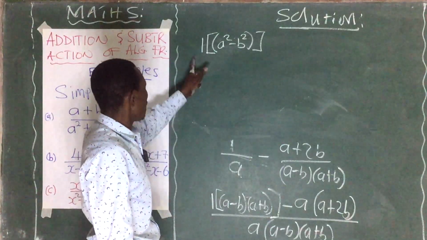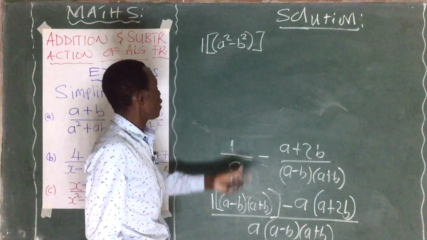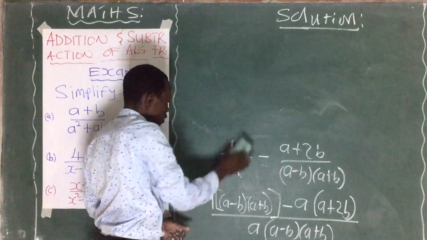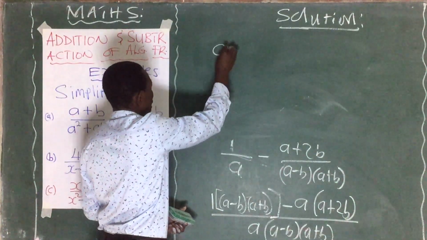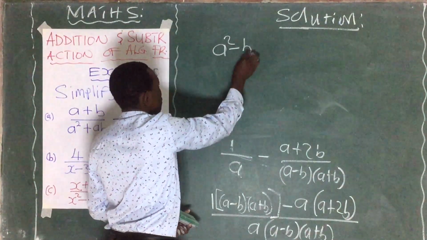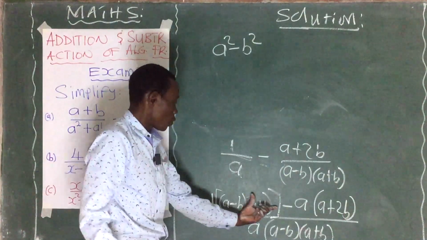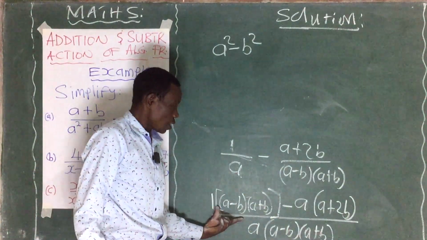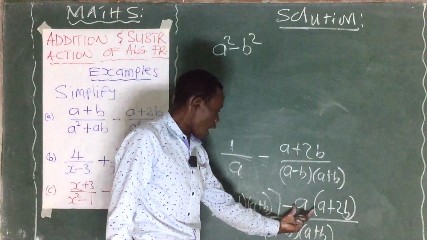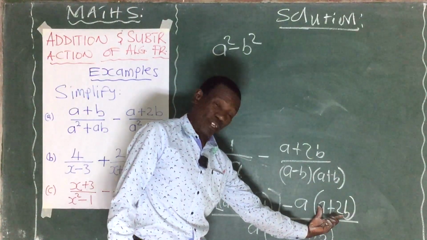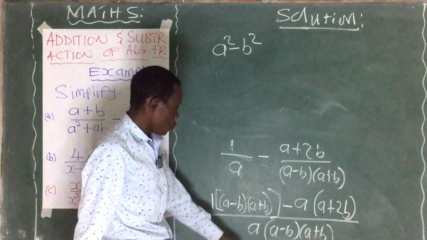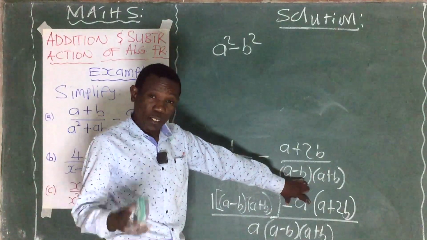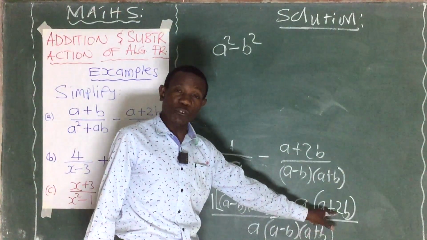So here A multiplied by this one, you get the same thing. So this is just as good as writing A squared minus B squared. That's what we're going to get from the first part of the bracket. Next, we need to simplify this one by whatever terms we have inside here. So we consider negative A multiplied by A and then multiplied by 2B.